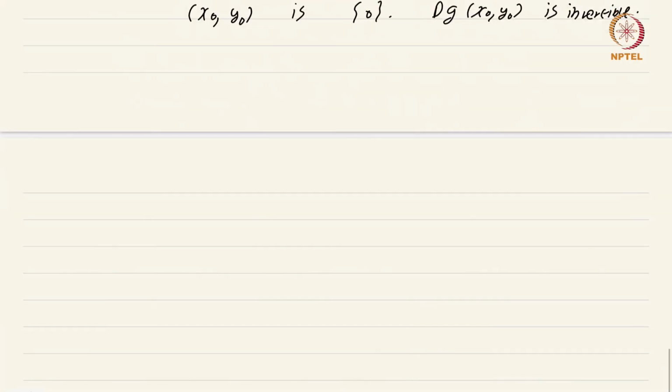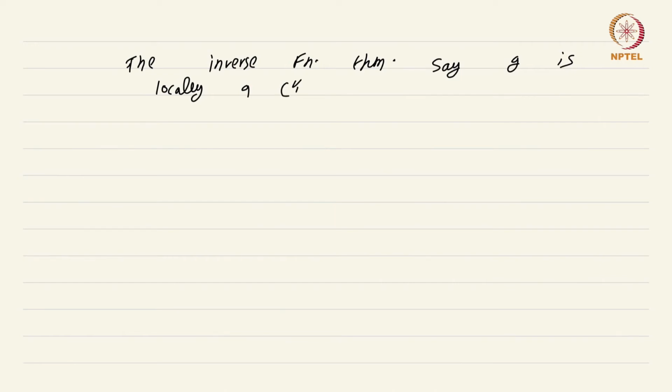Now the inverse function theorem says G is locally a CK diffeomorphism at this point x0 comma y0.